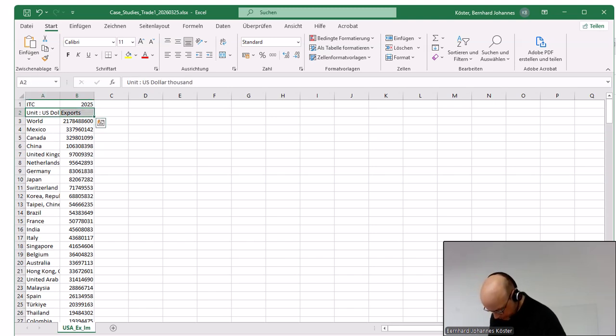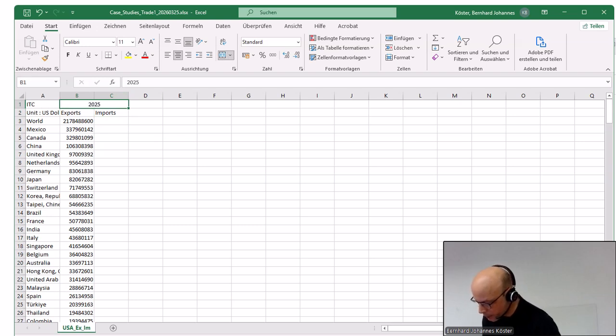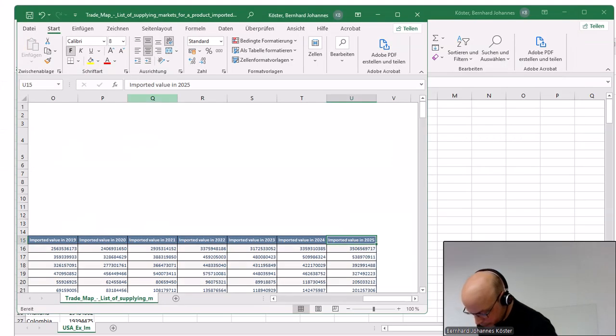But now again, unit, exports and imports, or we can directly put it here, and imports. And where we are, imported value.